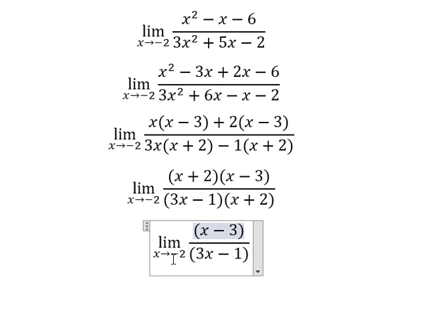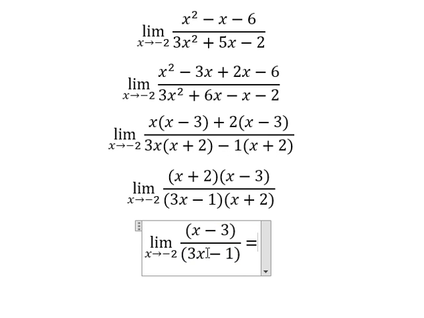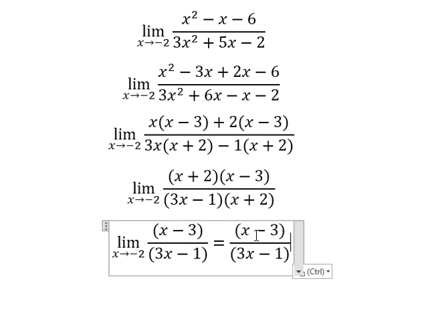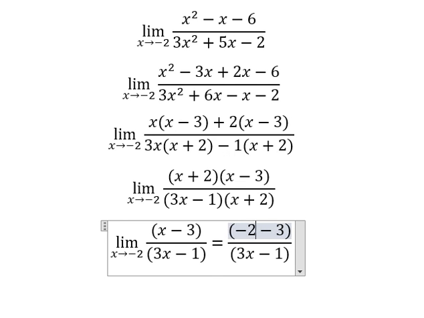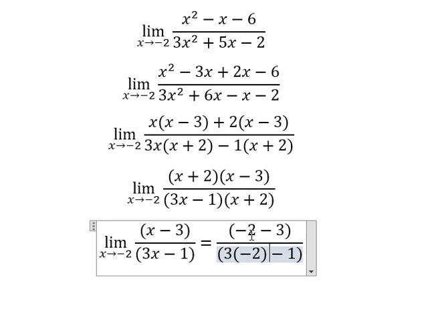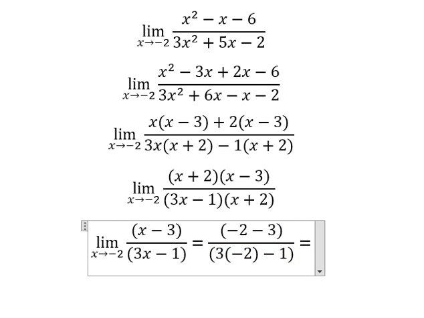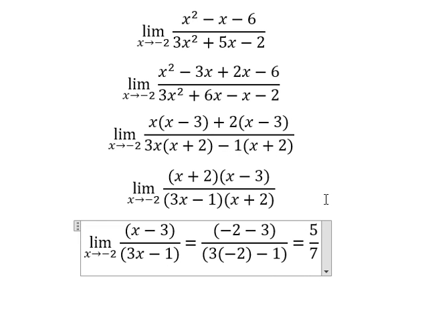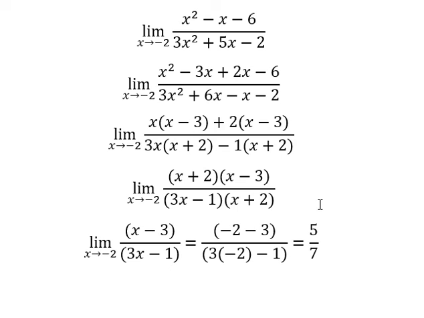And now I will put negative number 2 here and here. So we have the final answer. This one is about 5 over 7. This is the end. Thank you for watching.